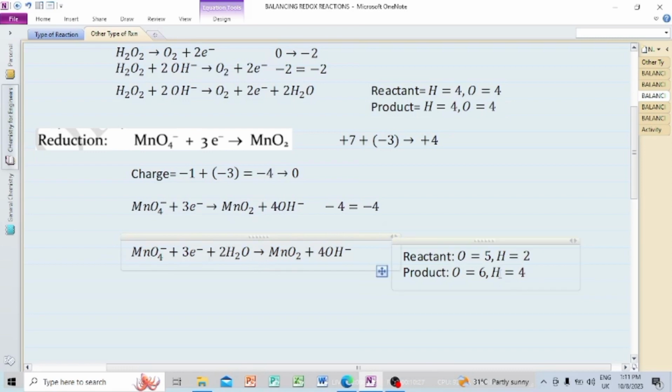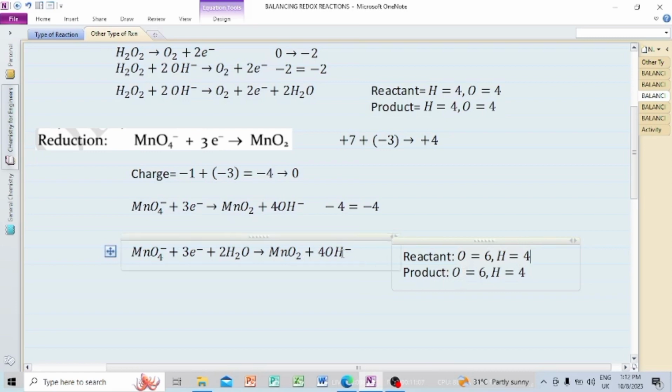So, kapag nag-add na tayo ng 2 dito sa reactant side natin, let's check kung balance na. So, we have 4 oxygen atoms plus 2, so we have 6. For our hydrogen naman, we have 2 times 2, we have 4. And on the product side, our oxygen is 2 plus 4 is 6.